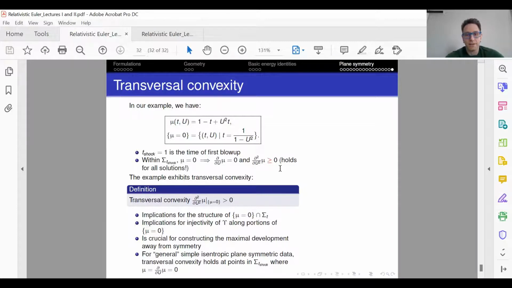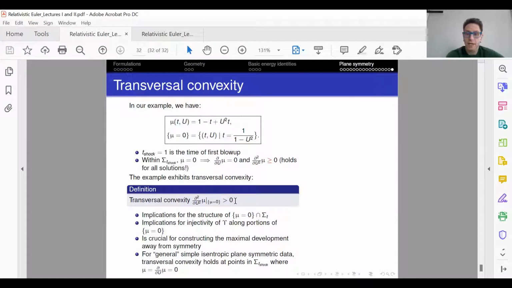If you take the equation with respect to u and you restrict to the sets where mu equals 0, this should be positive. Okay, and it's this condition that seems very important for understanding the formation of the singularity away from symmetry. If you don't have this condition, the problem looks very hard.